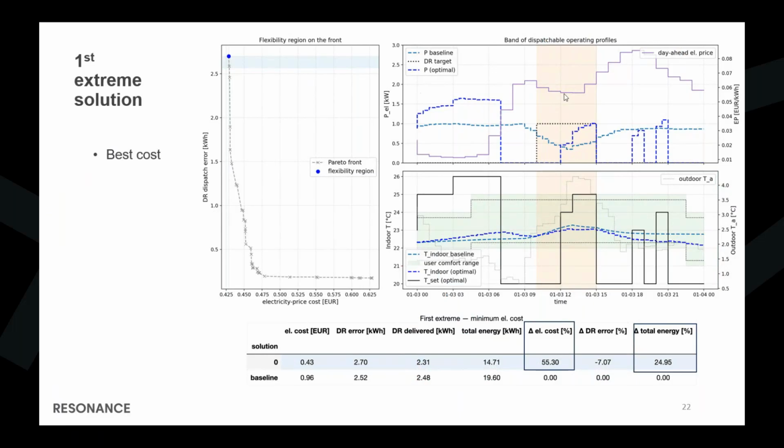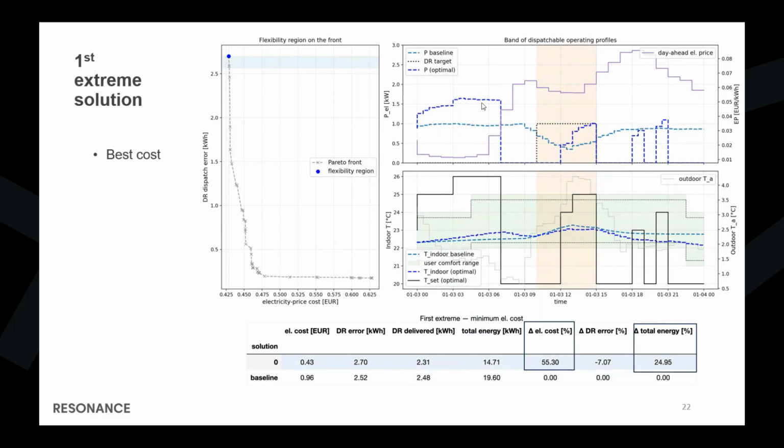On the right-hand side, you can see the optimal schedule or optimal operation that corresponds to this solution. With the dashed blue line, here we can see the power consumption, and below we can see the indoor temperature, and the black line represents the thermostat set point.